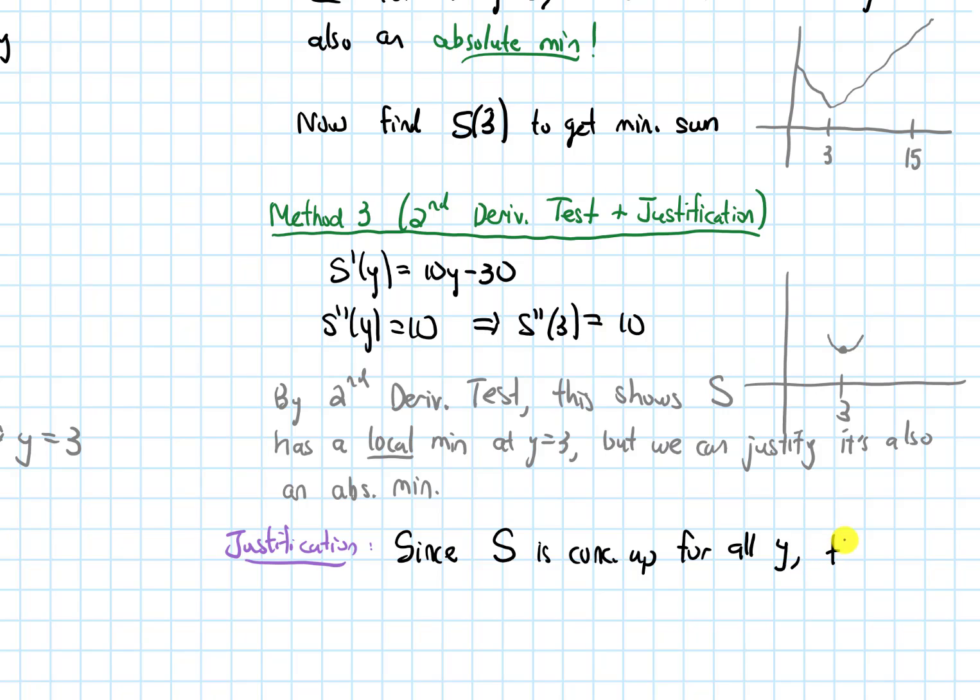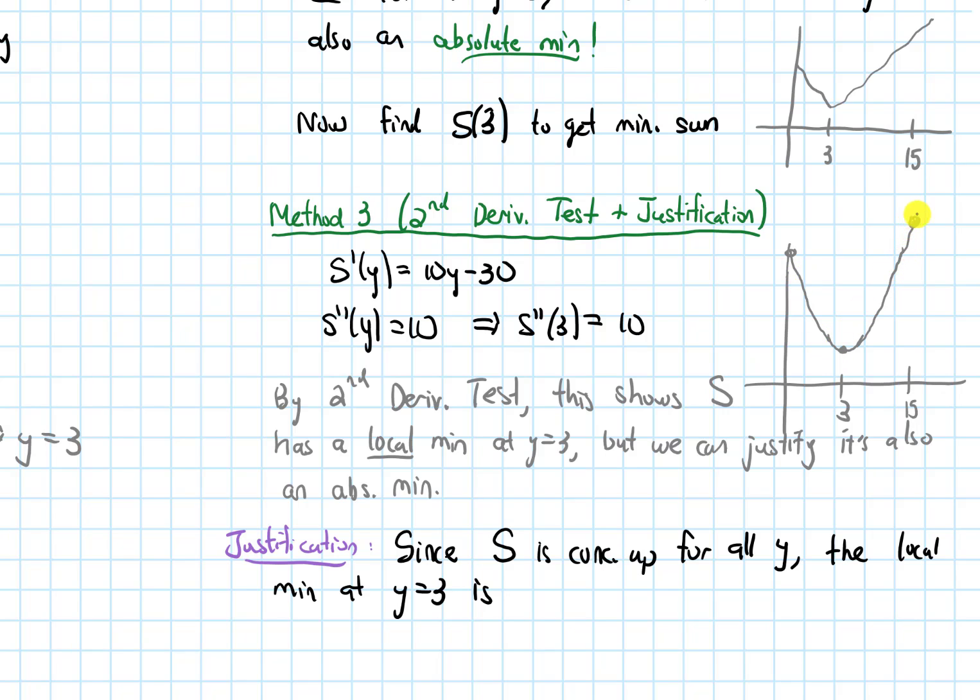And because of that, the local min at y equals 3 is, if I extend my picture, I've just drawn a really tiny portion of the graph here that's concave up, but our function is going to stay concave up the whole way until it gets to 0, and then finally until it gets to 15, somewhere over here. It's going to be concave up the whole way. And if that happens, that local min has to be the absolute min.